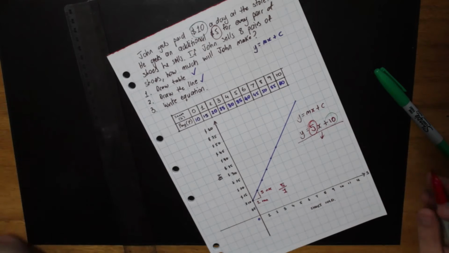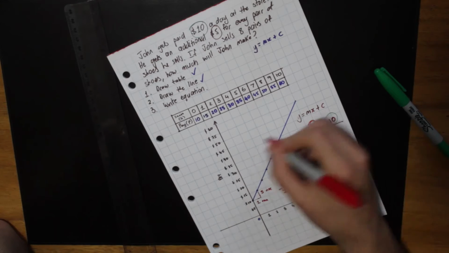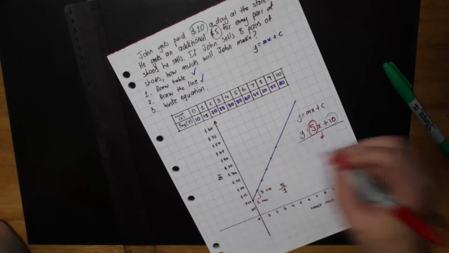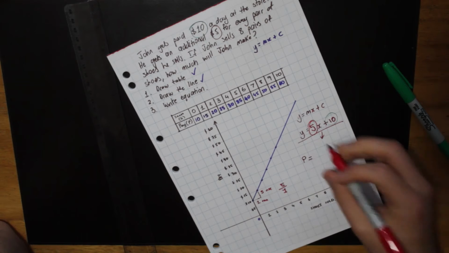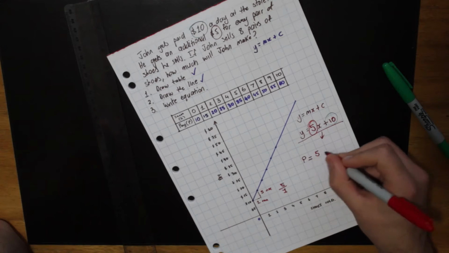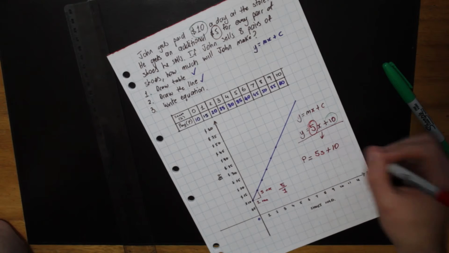To use this equation, we could find out how much he would make, which is why I'll rewrite this in the form that we've set it up here. So his pay for the day is going to equal 5 times the number of shoes he sells plus 10.